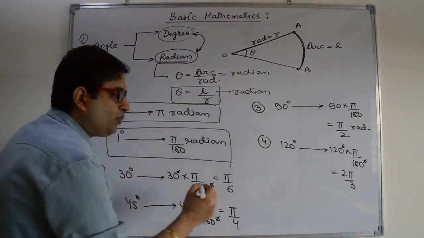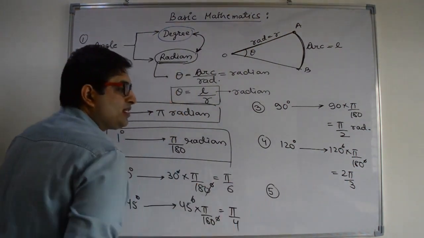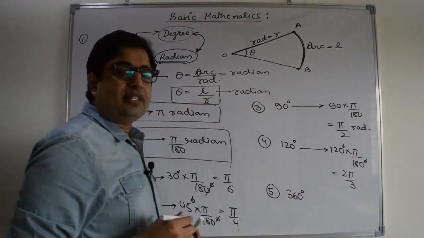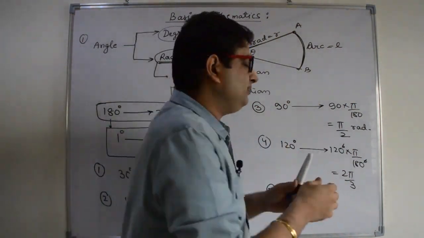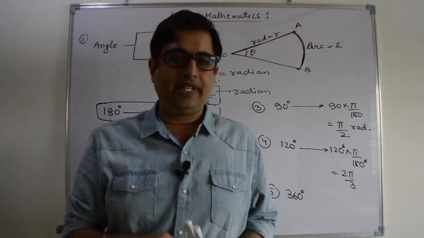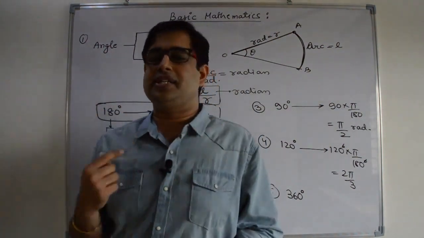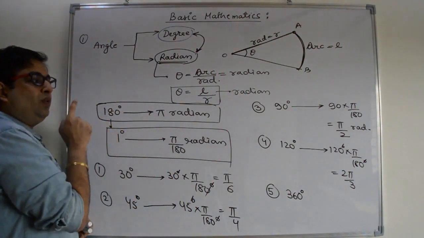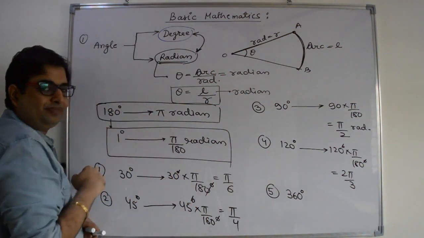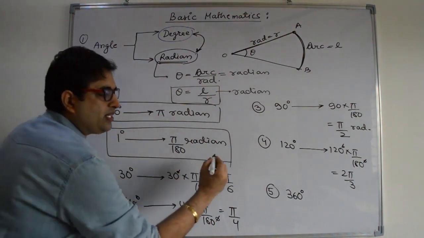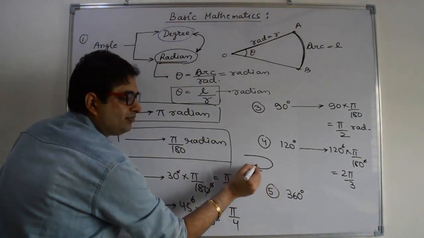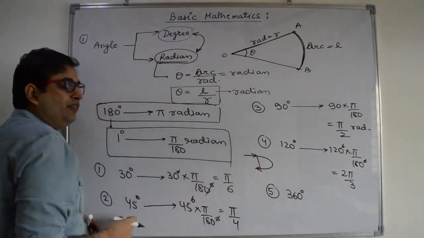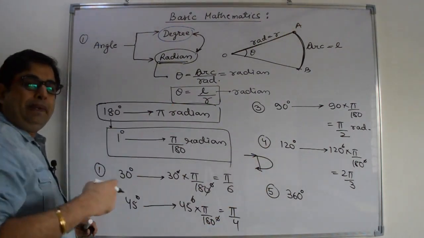Let us take one more example. What is 360 degree? 360 is a complete cycle. Complete rotation is 360 degree. What is pi, or what is 180 degree? 180 degree is half cycle, you can say it is a U-turn. Whereas 360 degree is a complete cycle.